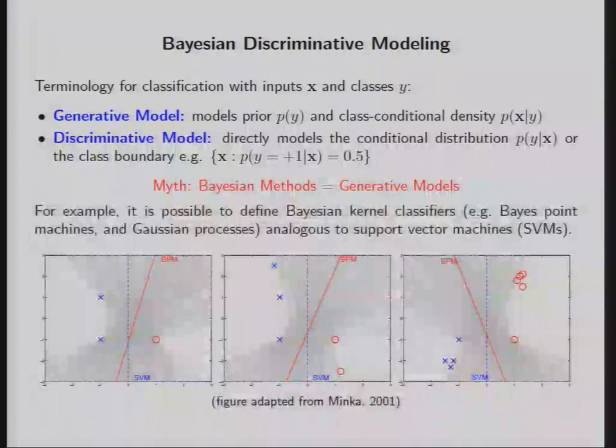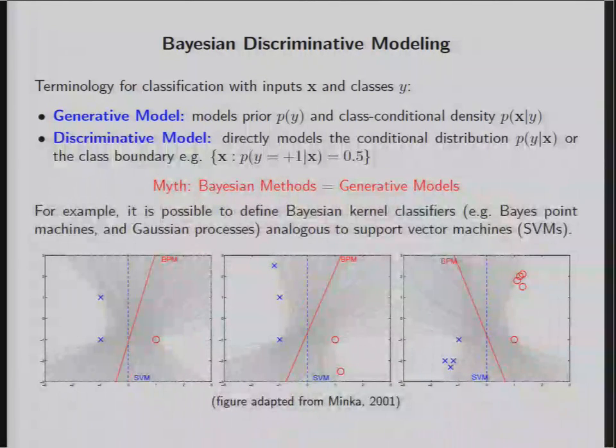So let's look at classification. When you have some inputs x and some class labels y, a generative model basically models what you could think of as the generative process for objects out there in the world. If you're trying to classify cats versus dogs, let's say images of cats versus dogs, to be more precise, you have some prior proportions of how many cat versus dog images you expect to see.